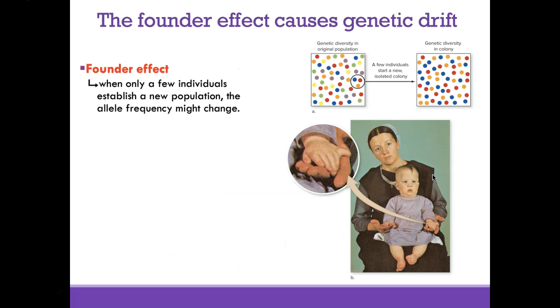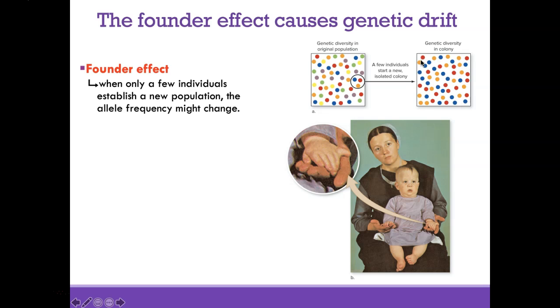So the founder effect is an example that can cause genetic drift. This is when there's normally a lot of genetic diversity in an original population, but suppose only a small group is sampled, a small group leaves and starts a new colony. Since only a small sample of this large population was taken, and the sample does not represent the original population, it only represents a subset of the population, there will be genetic drift.